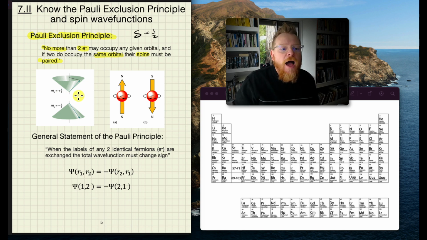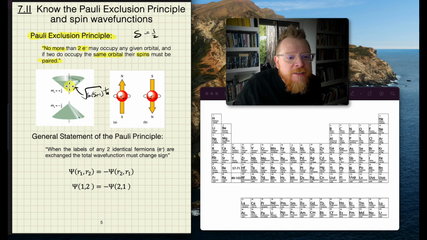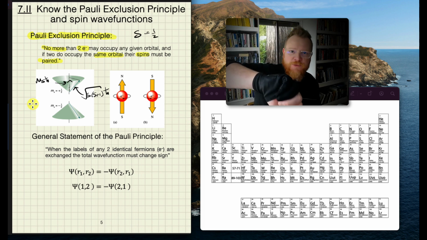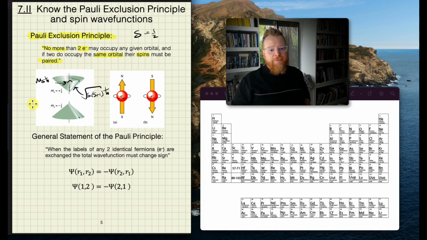So recall this vector has total magnitude square root of S times S plus 1, times h bar. And the projected magnitude on the z-axis is given by ms h bar. So that's where electrons will always have either +1/2 h bar intrinsic spin or -1/2 h bar intrinsic spin.